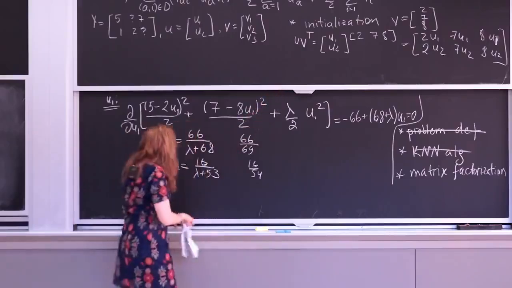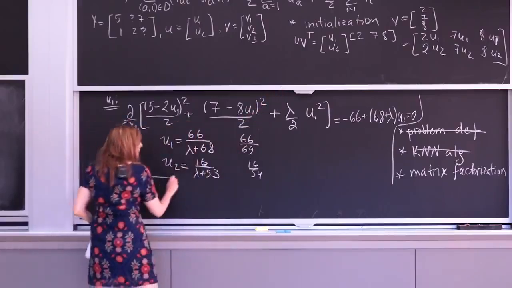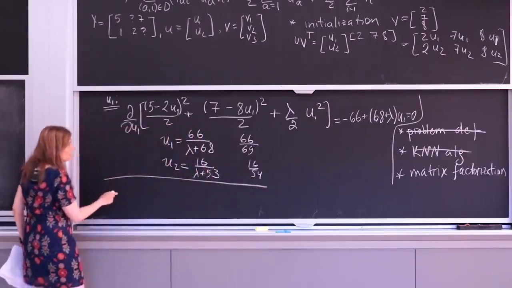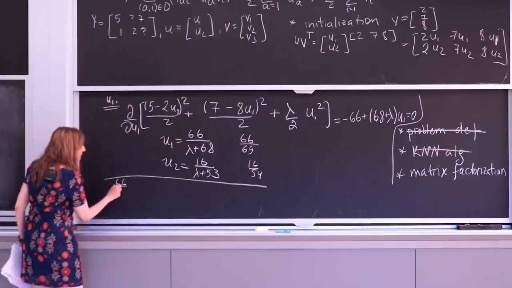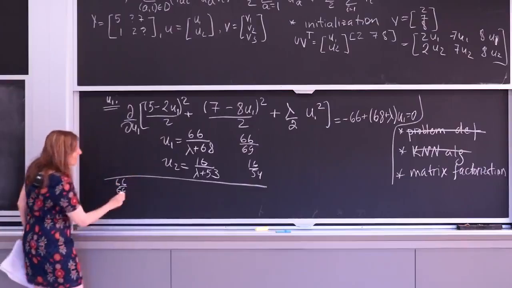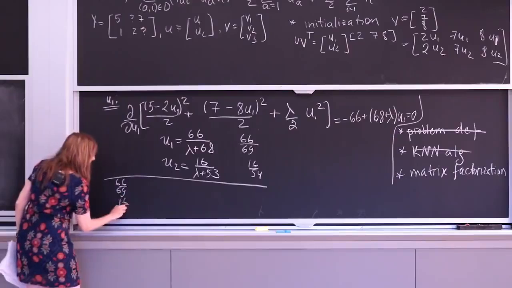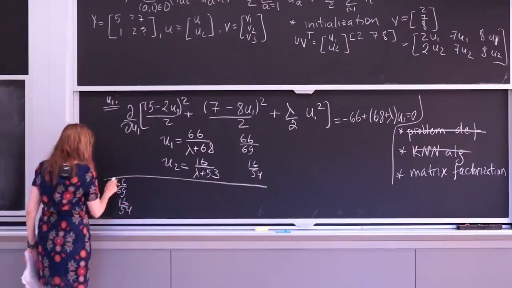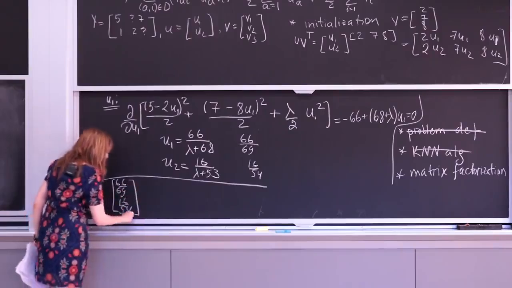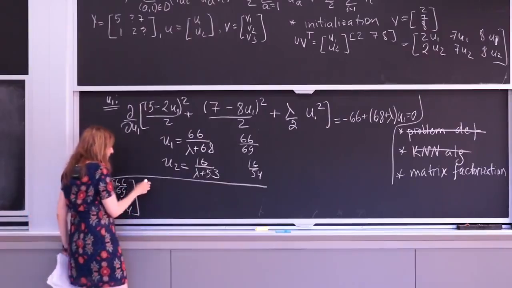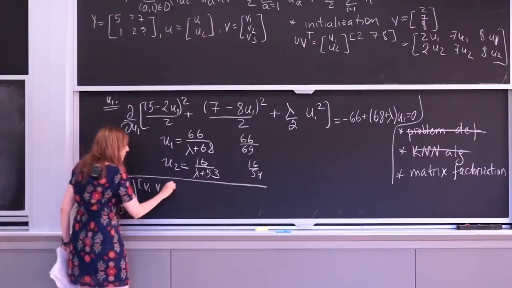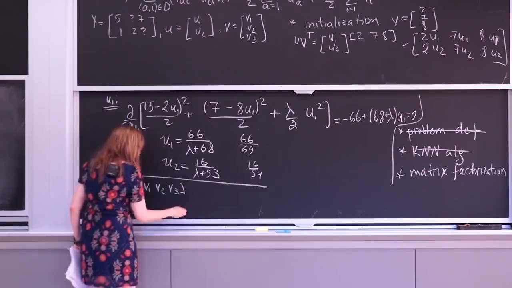So now our next step of our algorithm will be to take these u's, 66 divided by 69 and 16 divided by 54, and then we have our V's: V1, V2, V3.